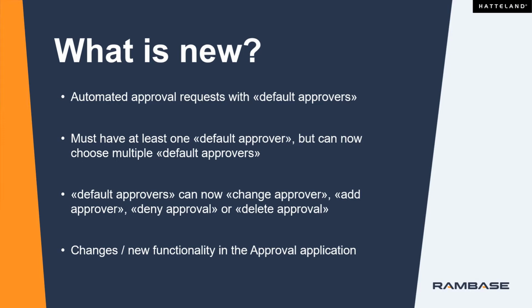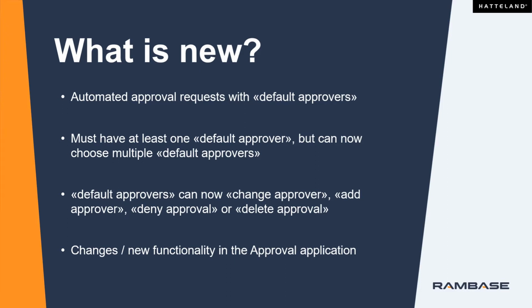This means that for each rule, one has to define at least one default approver, but you can also choose multiple default approvers for one rule. The ones chosen as default approvers can now change the approver, add another approver, deny approval, or delete approval.